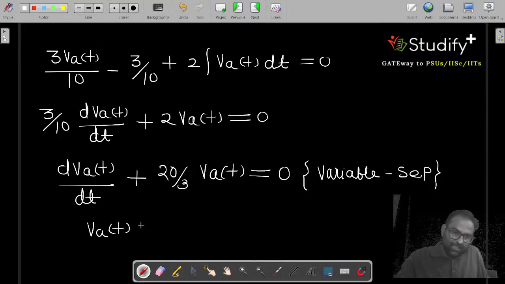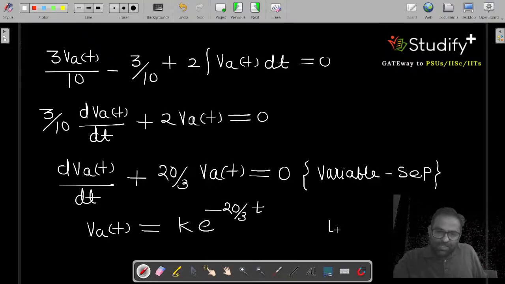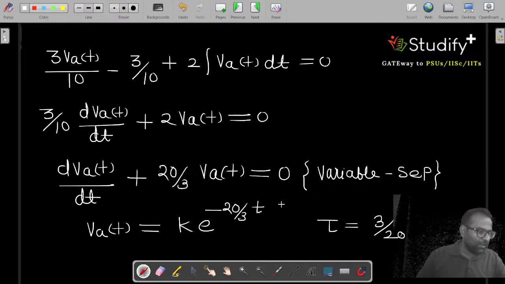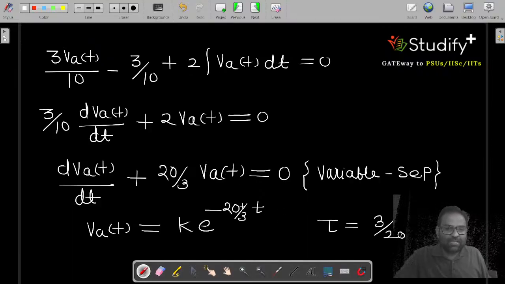VAT can be written as some constant times e to the power minus 20 by 3 into t. And always remember, what is the time constant? The time constant is 3 divided by 20. When you put this product equal to 1, the value of t will give you the time constant. So can I say VAT is minus 20 by 3 into t into k.